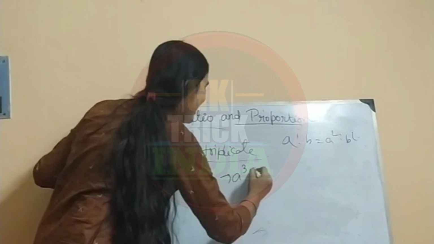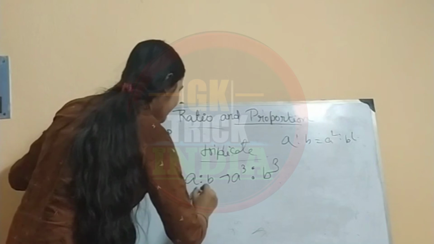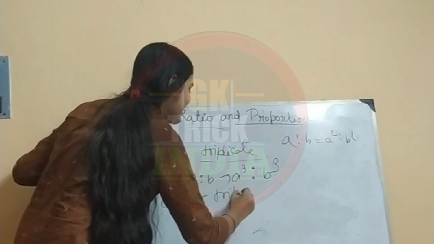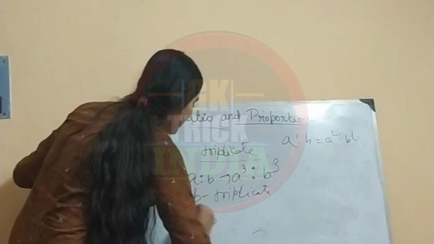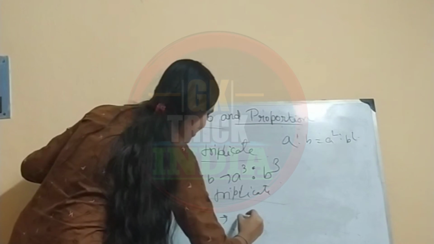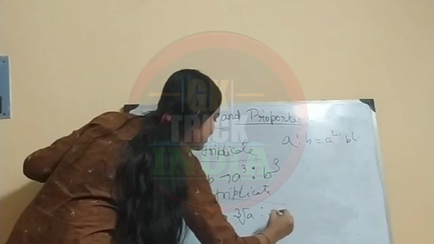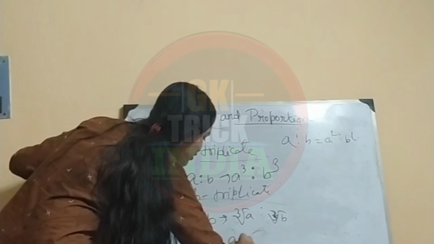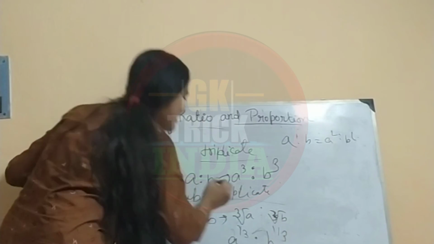Yes, it is. And similarly sub-triplicate, I know you are again answering, it is cube root of A is to cube root of B, that is A to the power 1 by 3 is to B to the power 1 by 3.